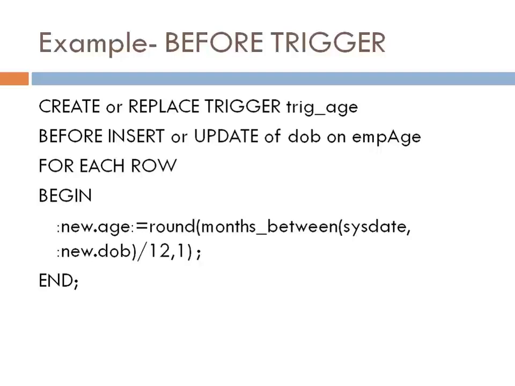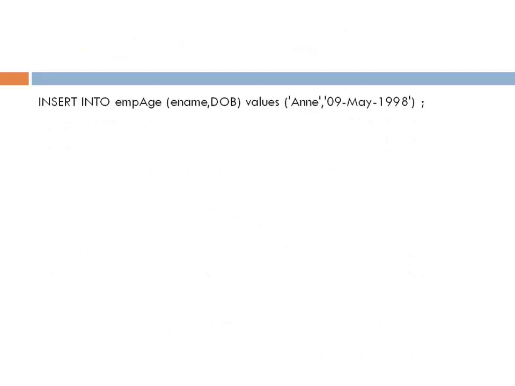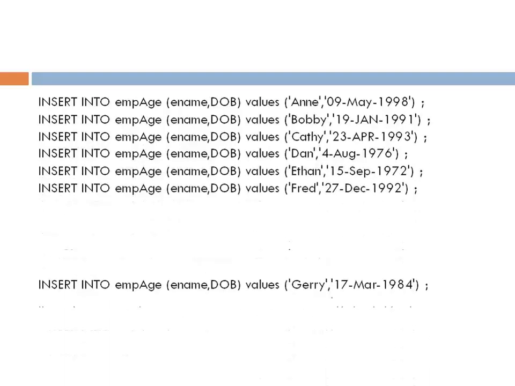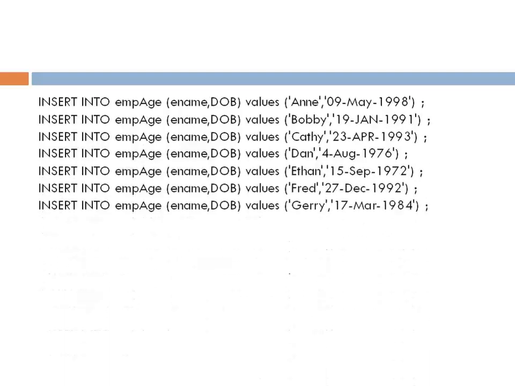So insertion is just of the name and date of birth, but the calculation of the age is done by the trigger. As you can see here, I have given these insert statements. These are the 7 insert statements where I am inserting the names of people and their date of birth.